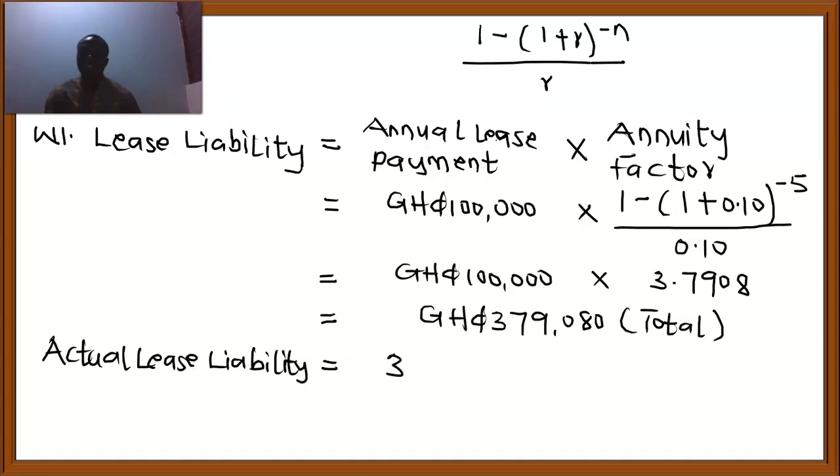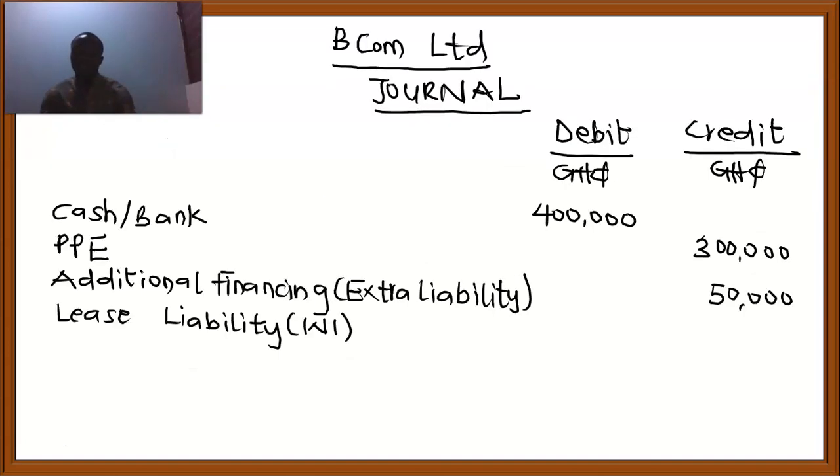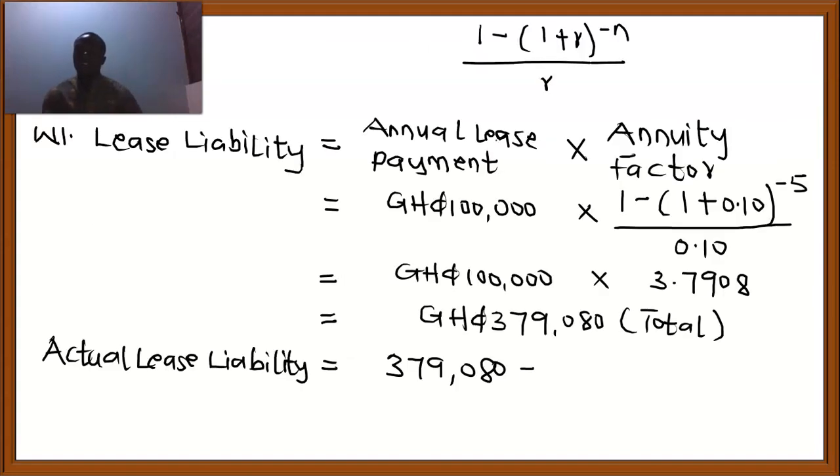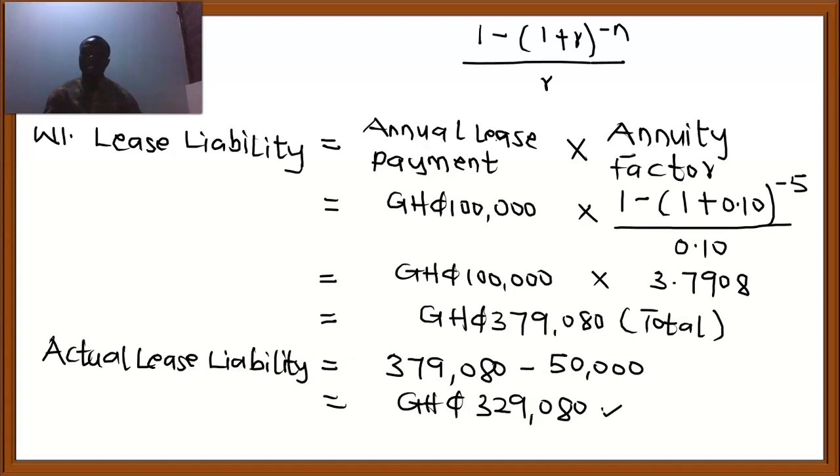So we have 379,080. We are going to subtract the extra liability from it, because the 379,080 is made up of this amount. So we have to take it off in order to determine the actual lease liability, and this gives us 329,080 as the actual lease liability. This is what we are going to recognize in our journal.